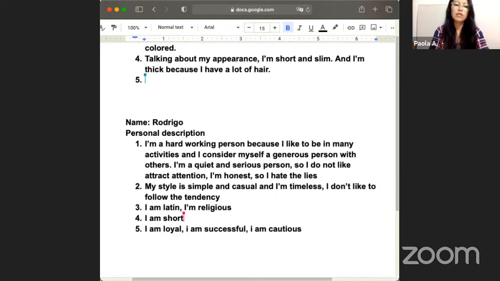Yeah, you can say average. I have an average weight, or I have an average height. Like average is usually nothing too extreme, not too skinny, not too fat, not too short.